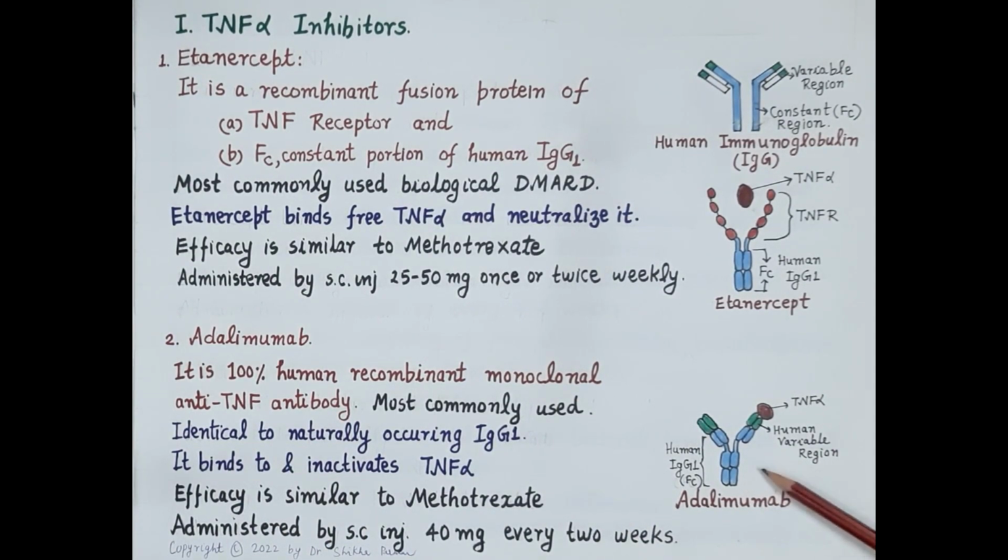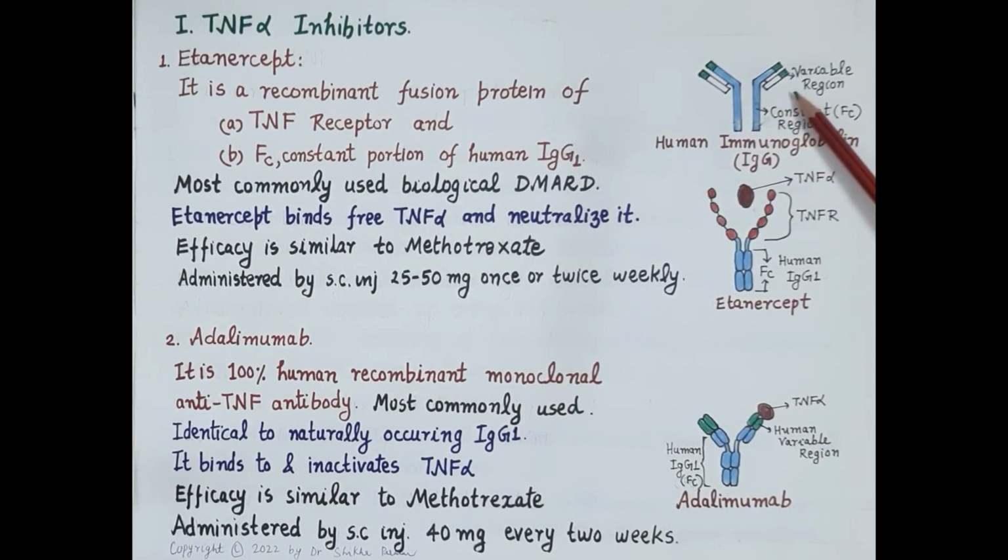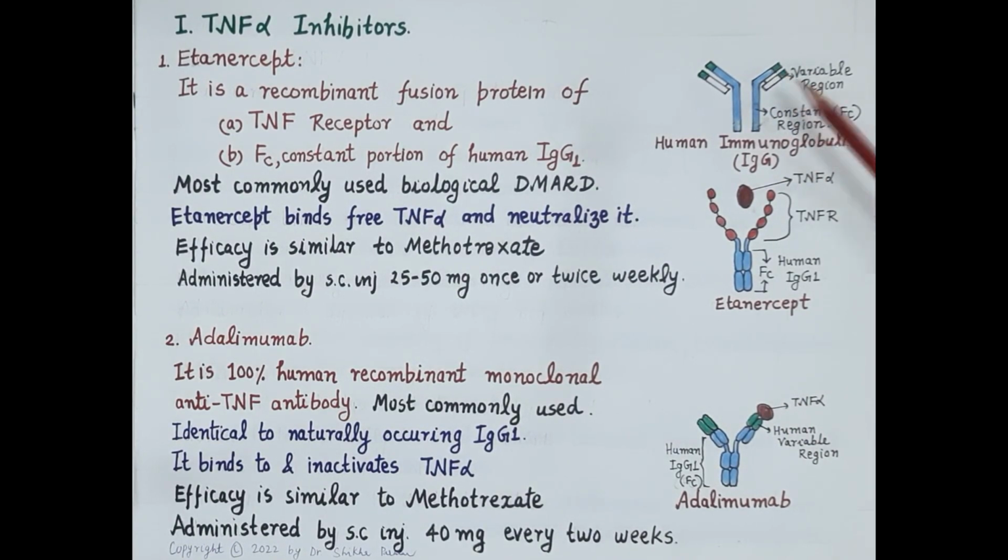It is similar to that of human IgG. This is the variable region in green, and this is the constant region in blue. So adalimumab is a 100% human recombinant monoclonal anti-tumor necrotic factor antibody.